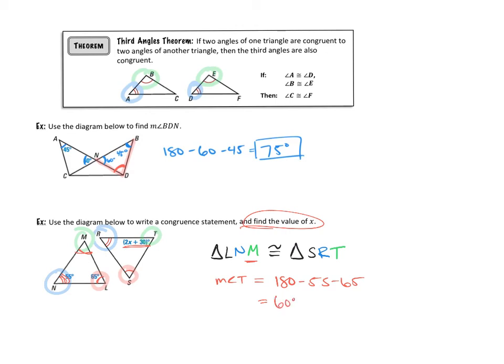I can now set that equal to 2x plus 30 and solve for x. So 2x equals 30 and x equals 15. That's what we're told to solve for, so I'm done with that example.